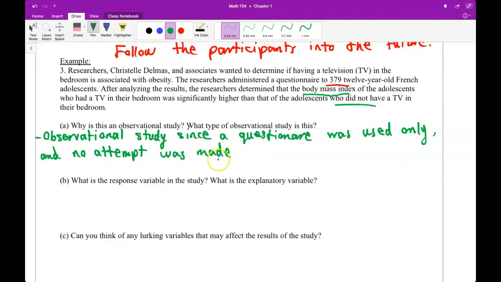Or in other words, I can write, no attempt was made to manipulate the data.